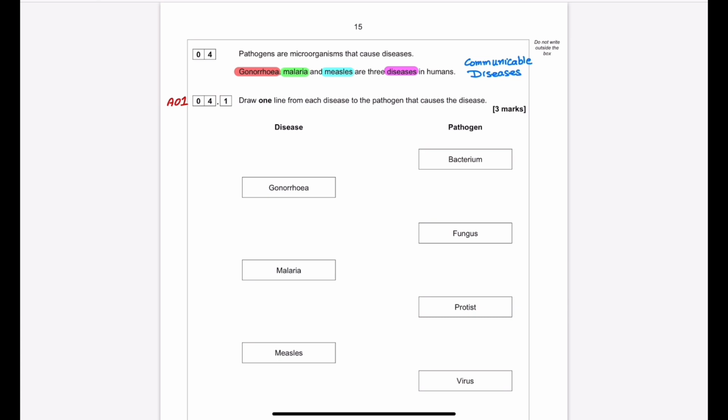We have three different diseases: gonorrhea, malaria, and measles. The pathogen names are given here: bacterium, fungus, protist, and virus. Gonorrhea is a disease which is caused by bacterium.